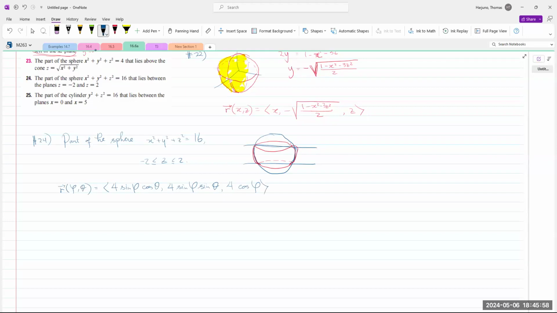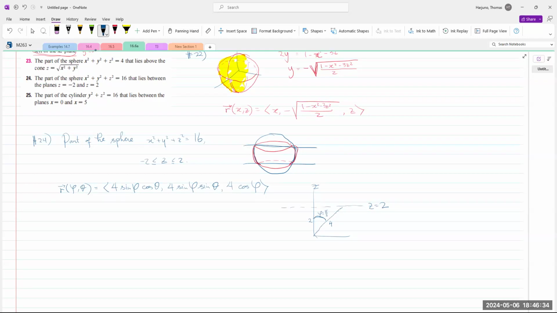Okay, but then we limit the phi. Notice that if this is my z axis there, my z has to be up to 2, right? But the radius rho is 4. This is 4. This is 2. What is the angle here? The phi equals pi over 3. Is it right?